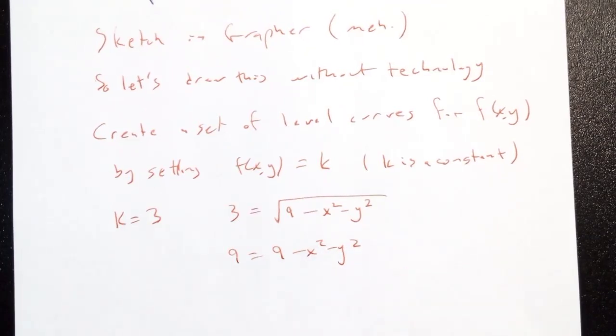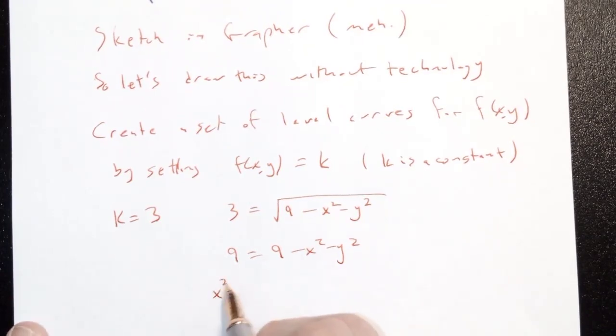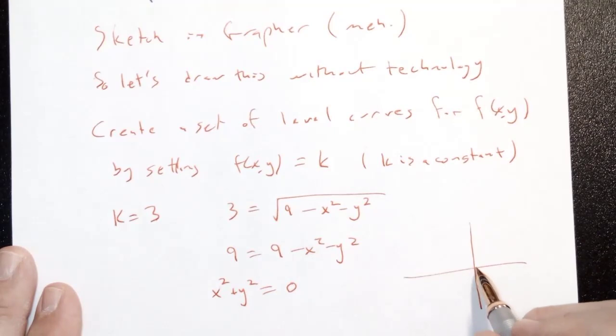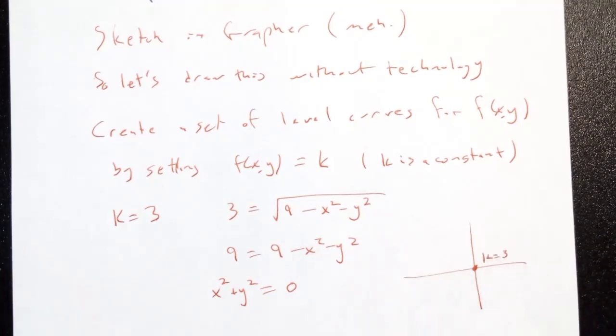I move the 9 from left to right. And I get x squared plus y squared equals 0. What set of x and y satisfy that? Just 0. So there's a single point where k equals 3. So that means at a height of 3, there's a dot.